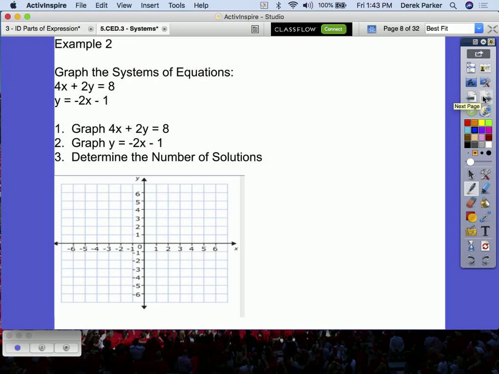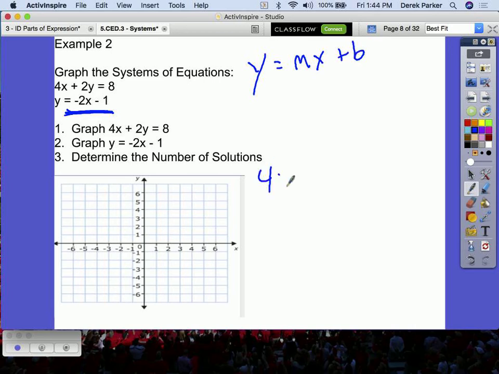Okay, example 2. Once again, this equation here is already in slope-intercept form. But that first equation is not. So I'm going to take 4x plus 2y equals 8 and convert it into slope-intercept form. And a quick reminder, slope-intercept form is y equals mx plus b.